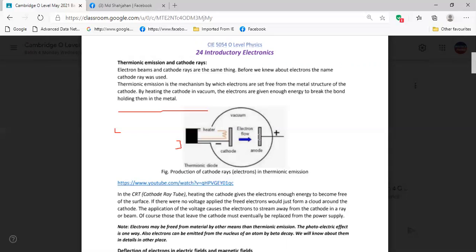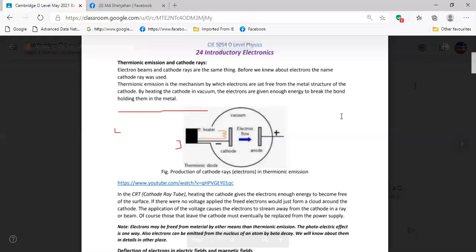So what we do, we give positive potential here so that these electrons flow. Rather than forming any cloud, they are flowing towards the positive, because electrons are negatively charged and this terminal is positive, right? So they will be attracted to this positive and they will flow.